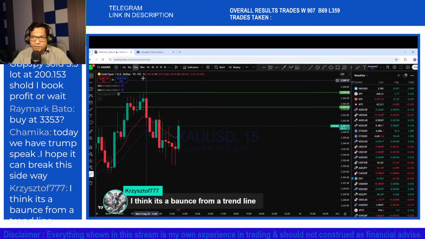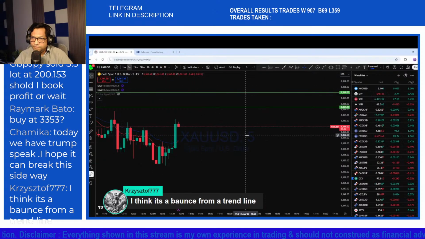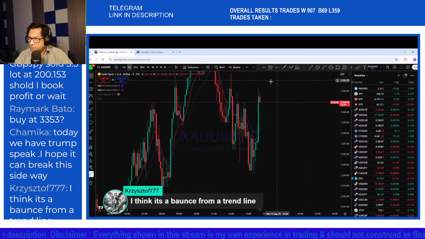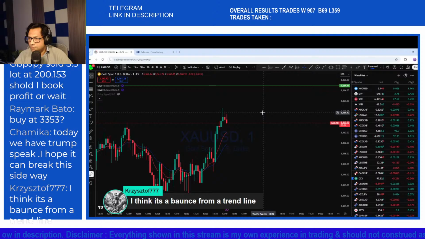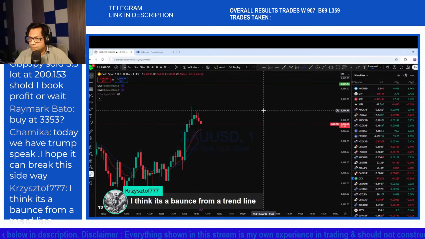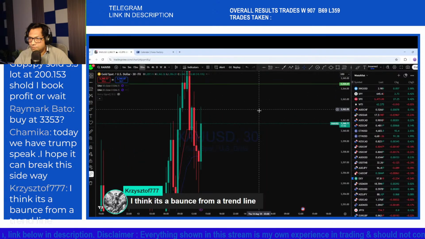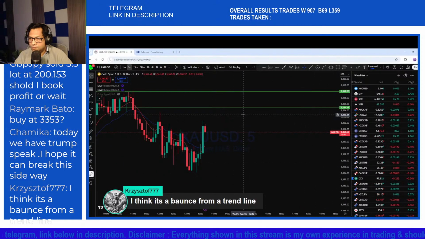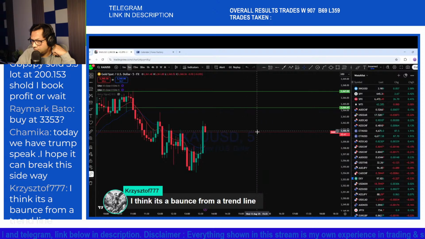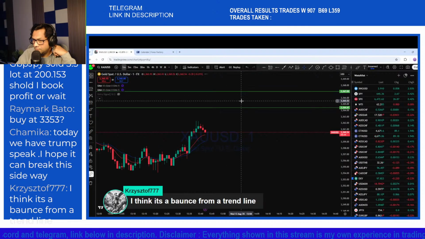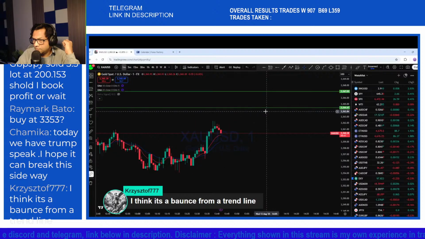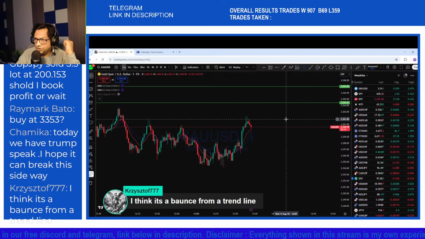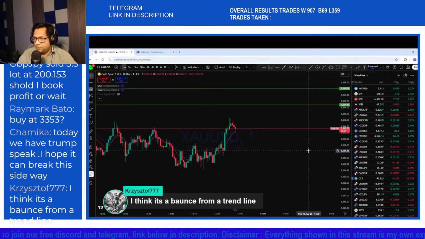And that move that we can see on the lower time frame, we see the price has reached a key level.